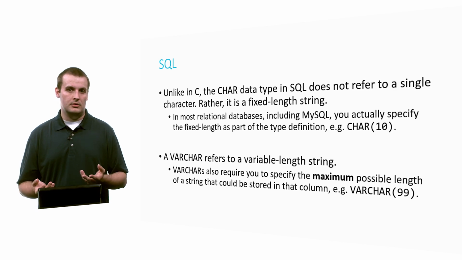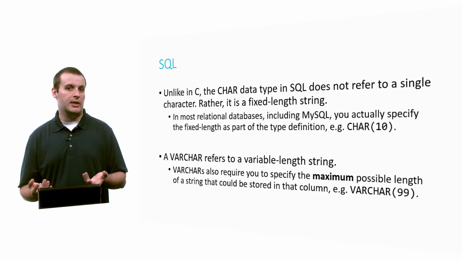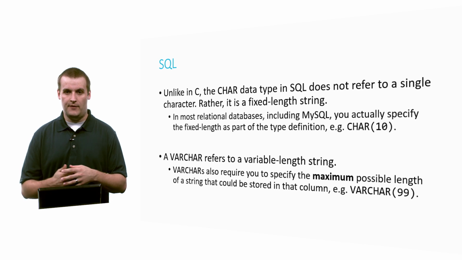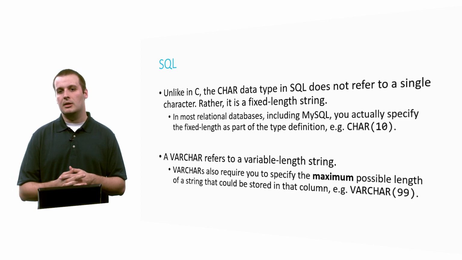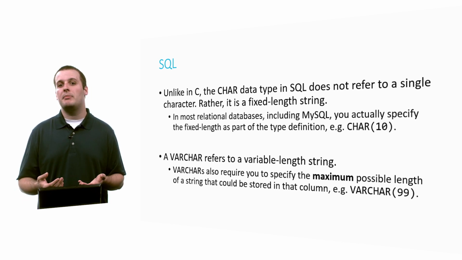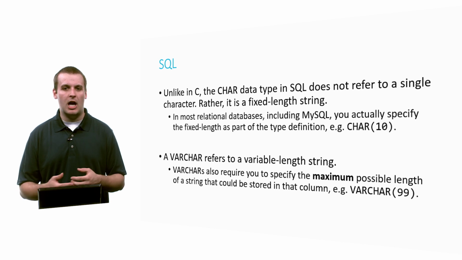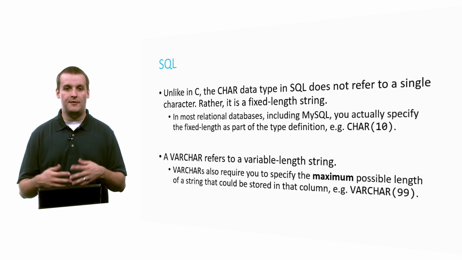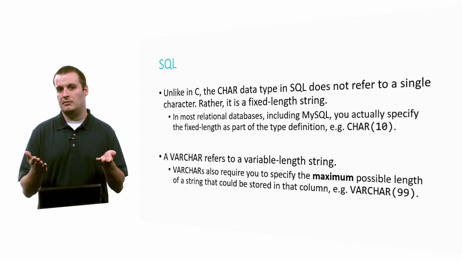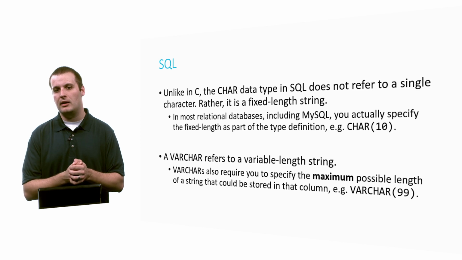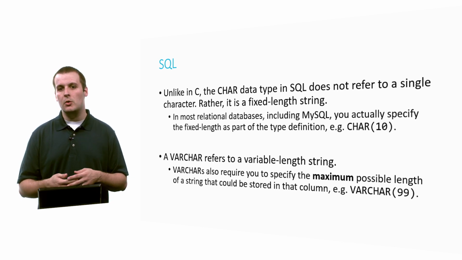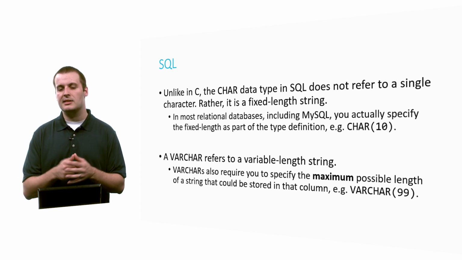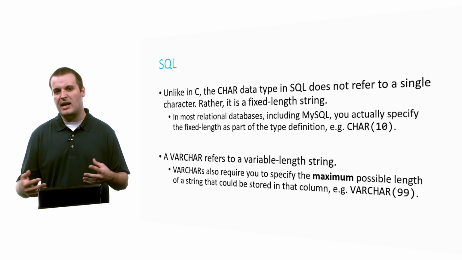A varchar is kind of like our notion of a string that we're familiar with from C or from PHP. It's a variable length string, and when you create this column, you just specify the maximum possible length, so maybe 99 or commonly 255. That would be the maximum length. And so if we were storing a 15-character string, we would use 15 bytes or maybe 16 bytes for the null terminator. If we were storing a 3-character string, we would use 3 or 4 bytes, but we wouldn't use the full 99.